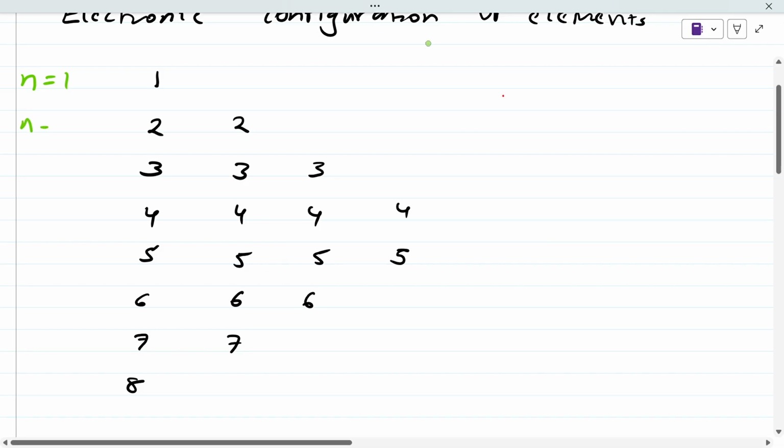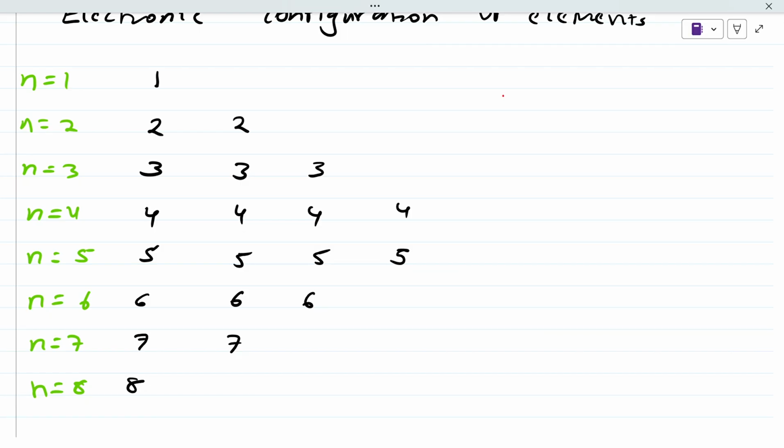Shell 2 has n equal to 2. Those are the principal quantum numbers, which denote the numbers given to shells.